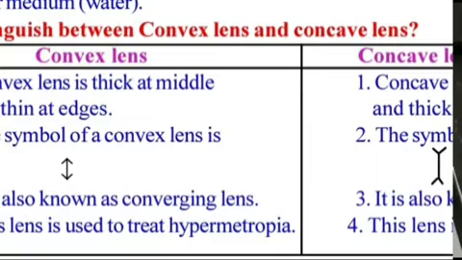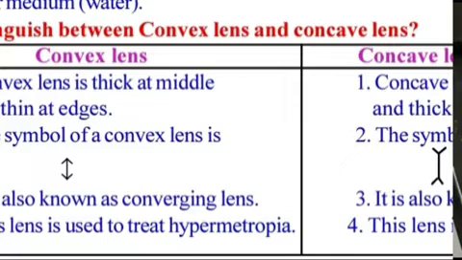We know very well convex lens is thick at middle and thin at edges, and concave lens is thin at middle and thick at edges. And the symbol of a convex lens is like this, and the symbol of a concave lens is like this.